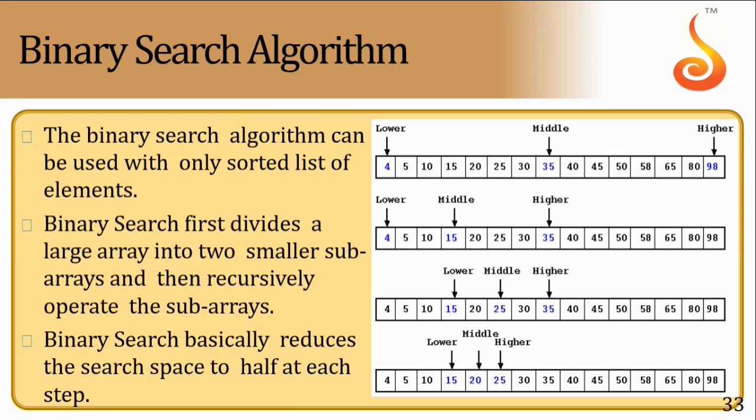So searching is nothing but finding out whether an element is present in the list or not. I'm not worried about how many times it is repeated here. I'm just checking whether it is there or not. For example, the list contains the same element, like all the 10 elements are same, and I'm searching for that element only.